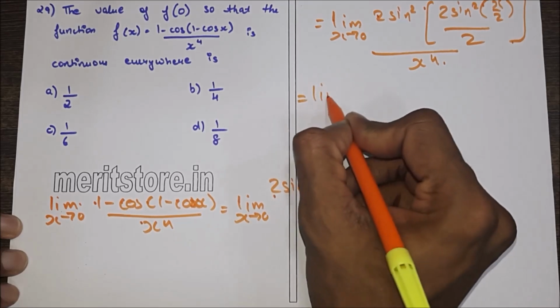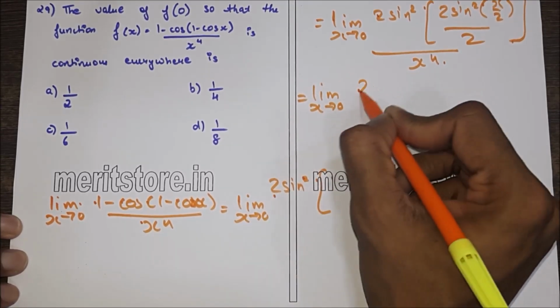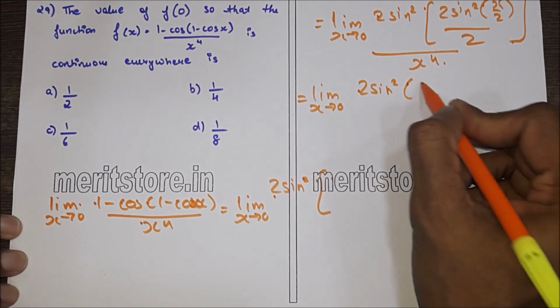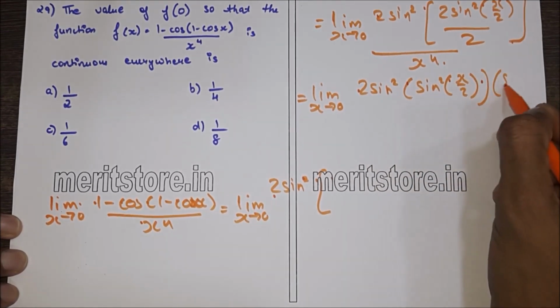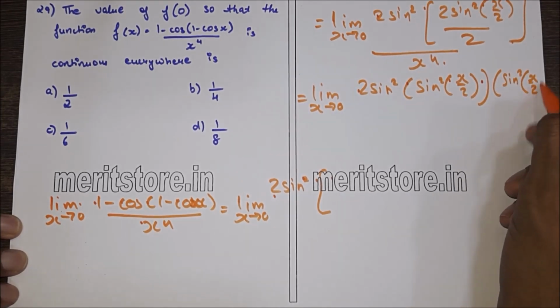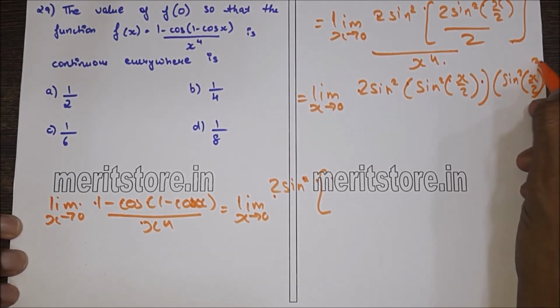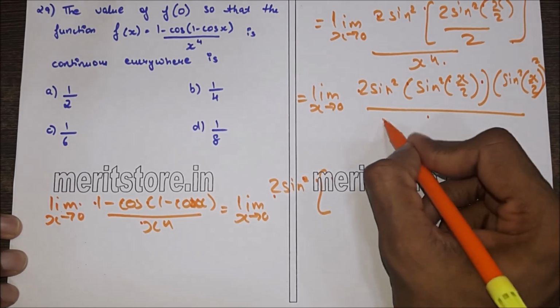Therefore limit x approaches to 0 of 2 sine square x by 2 the whole square upon x raised to 4.